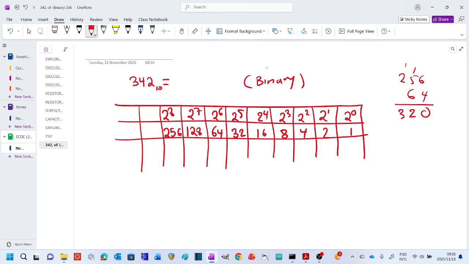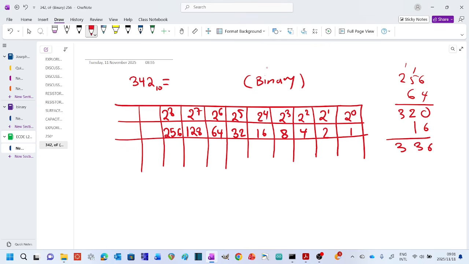Plus 16 is going to give me 336. It's smaller, and we're getting closer to 342. Plus 8 is going to give me 344. That's bigger than 342.